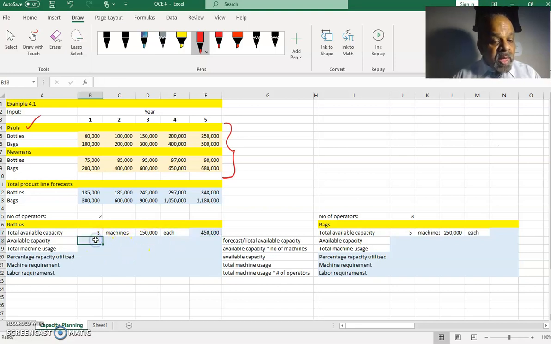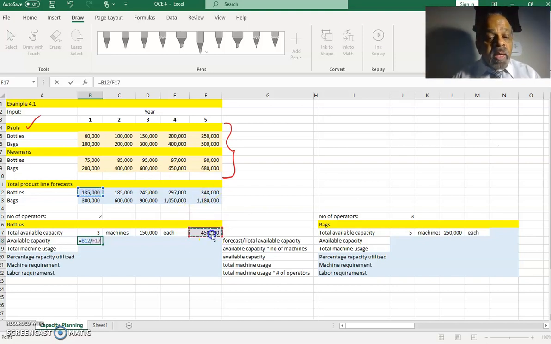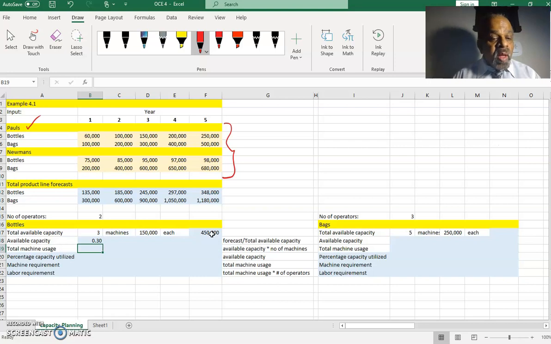My available capacity for the first year is going to be equal to how many bottles I'm planning to make, 135,000, over how many bottles that I can produce. That is 450,000. That is about 0.3. So my available capacity is 30%, which is 0.3.